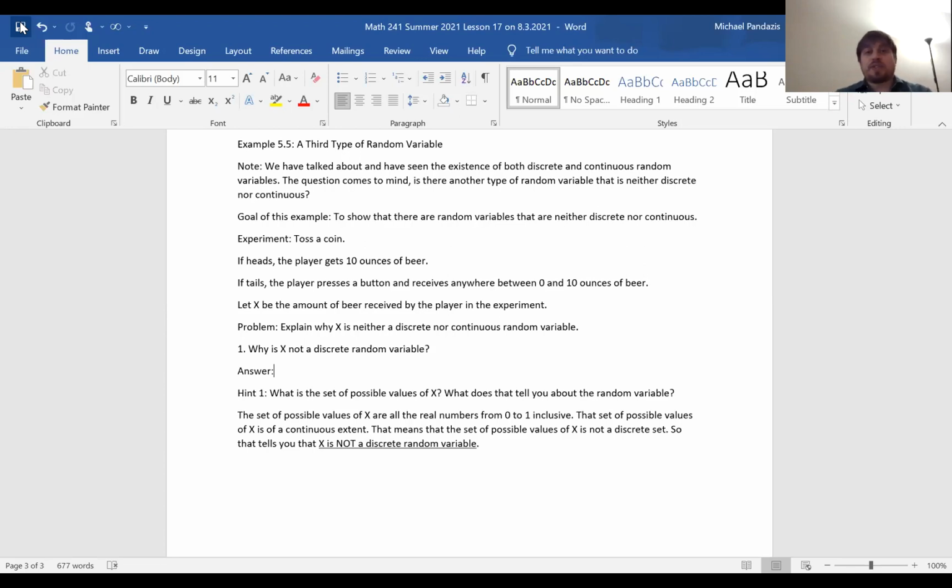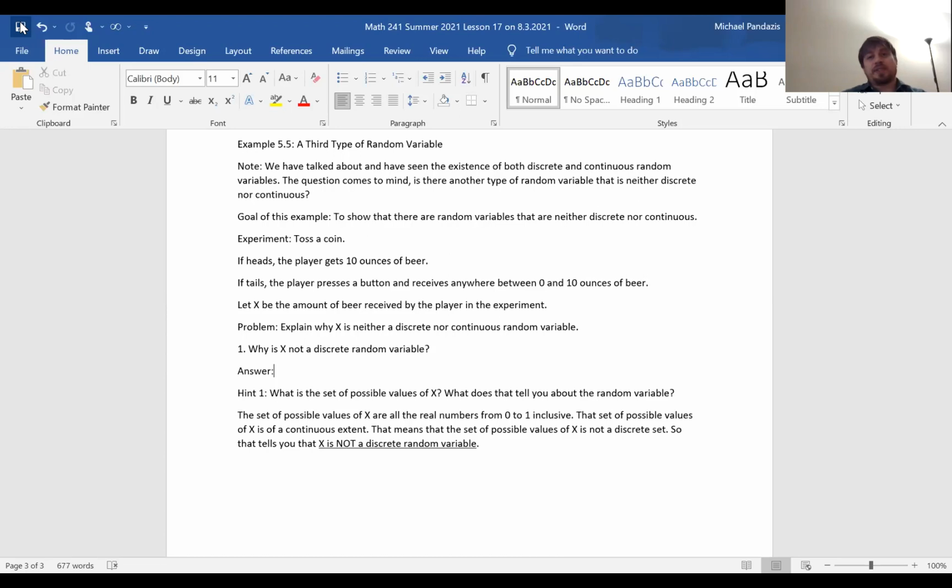But if your sample space is all the real numbers from 0 to 1, you cannot list all the real numbers. You cannot put all the real numbers from 0 to 1 inclusive in a list. You can't say 0, 1/8, 1/10, 0.7, pi, pi over 8, and so on. There are so many real numbers between 0 and 1 inclusive that there's no possible list you can make that would include all of them, even though they're both infinite.